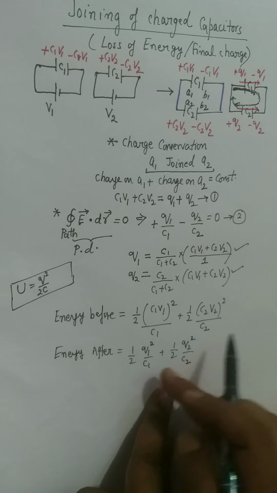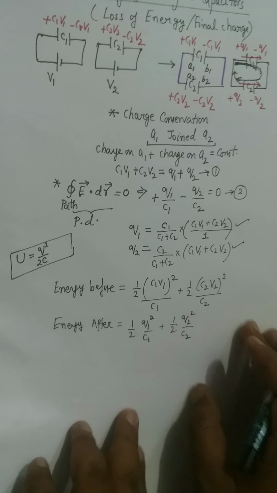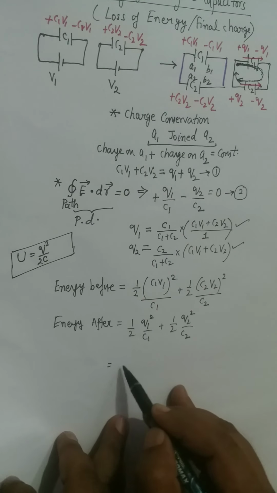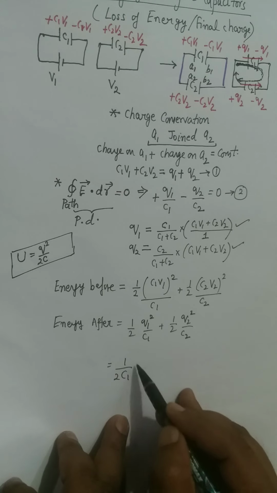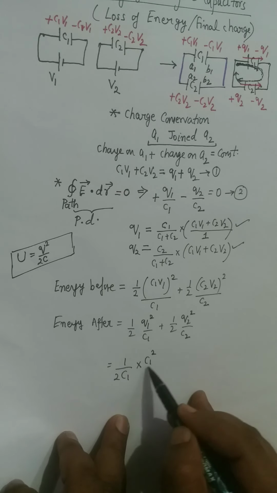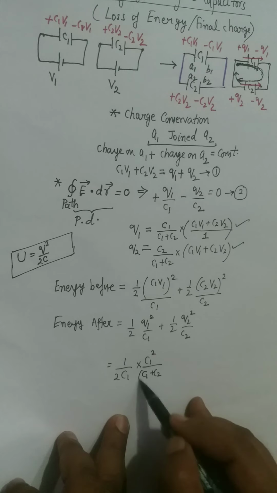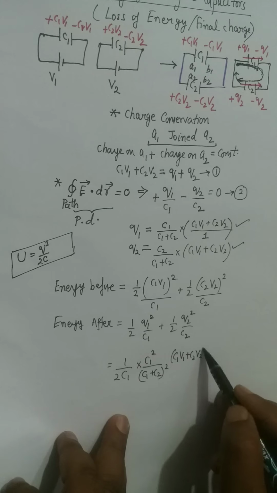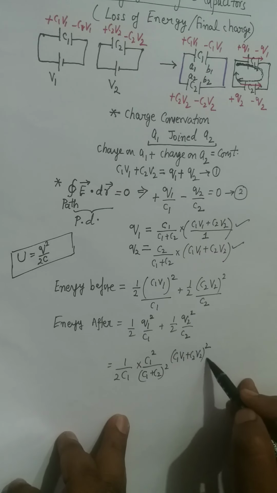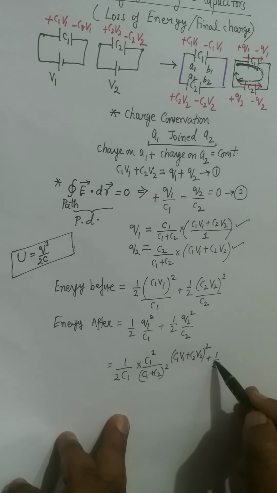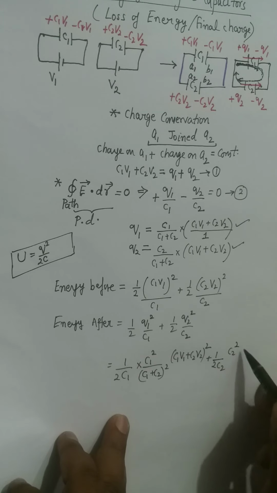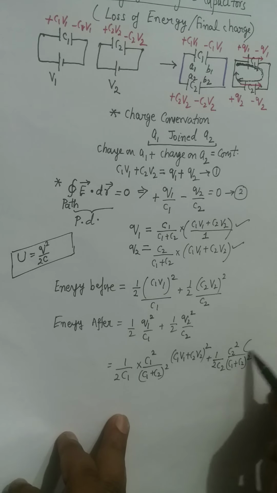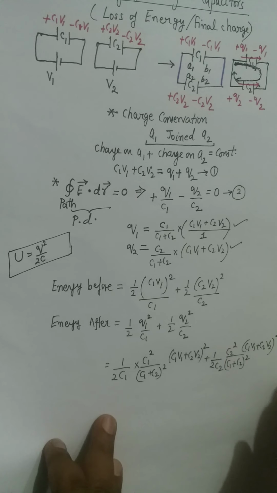After substituting the values of Q1 and Q2, this energy will be 1 over 2 times C1, and the square of Q1 will be C1 square upon C1 plus C2 whole square, and then C1 V1 plus C2 V2 whole square. The second term will be 1 by 2 C2, with C2 square divided by C1 plus C2 whole square, and then C1 V1 plus C2 V2 whole square.